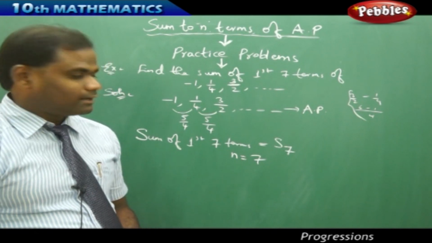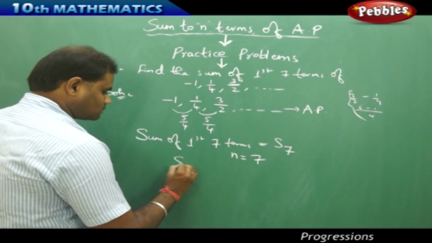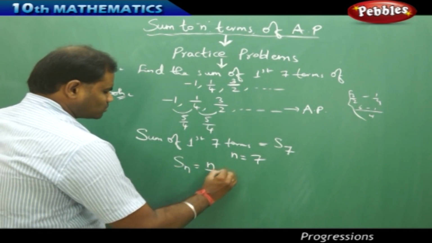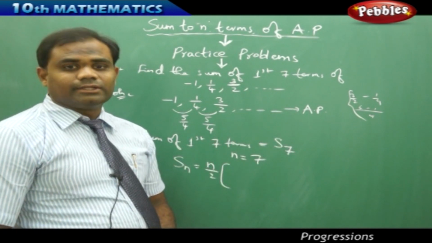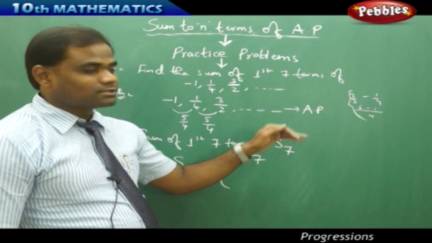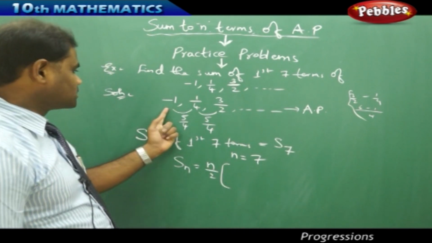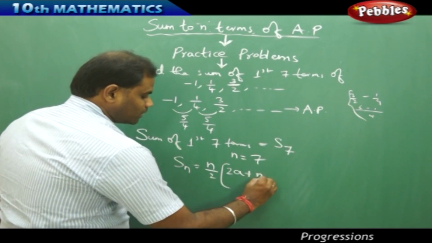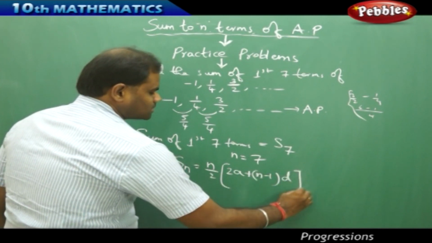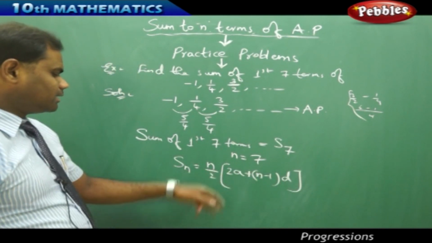So as I already have, Sn equals n/2 times. Now here the last term is not given, therefore I don't take the second case of the formula, but since the first term and the common difference are given, I take the general formula 2a plus (n minus 1) times d, where my n is 7.